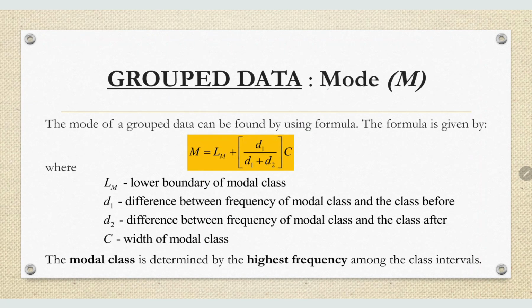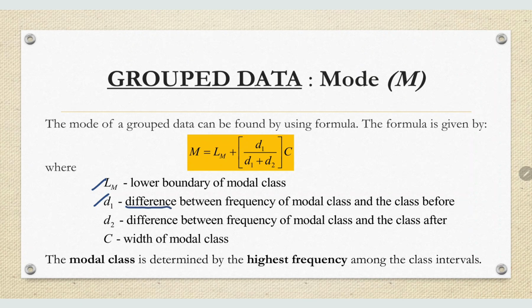Next, let's look at how to find the mode, or capital M, for group data. The mode of group data can be found by using a formula. The formula is given by M equal to Lm plus, in the bracket, D1 divided by D1 plus D2, times C, where Lm is the lower boundary of the modal class.